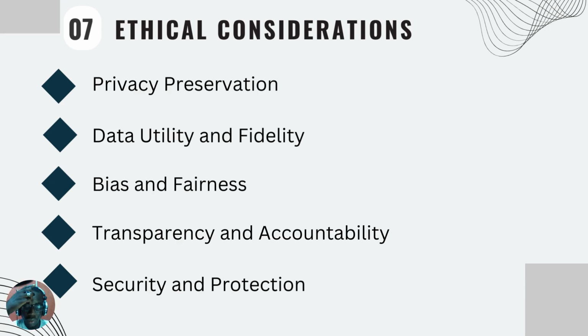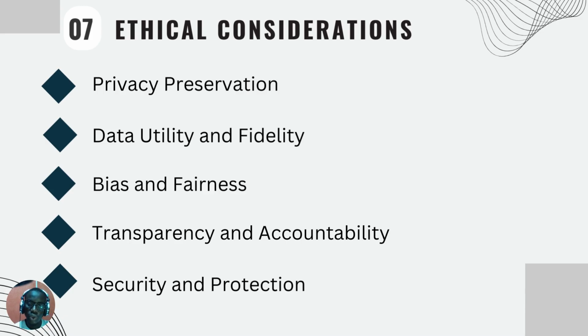Data utility, how the data is being used, should also be considered. Synthetic data should also be protected like real data. There should be bias and fairness consideration. This is very important in considering the ethical aspect of synthetic data.